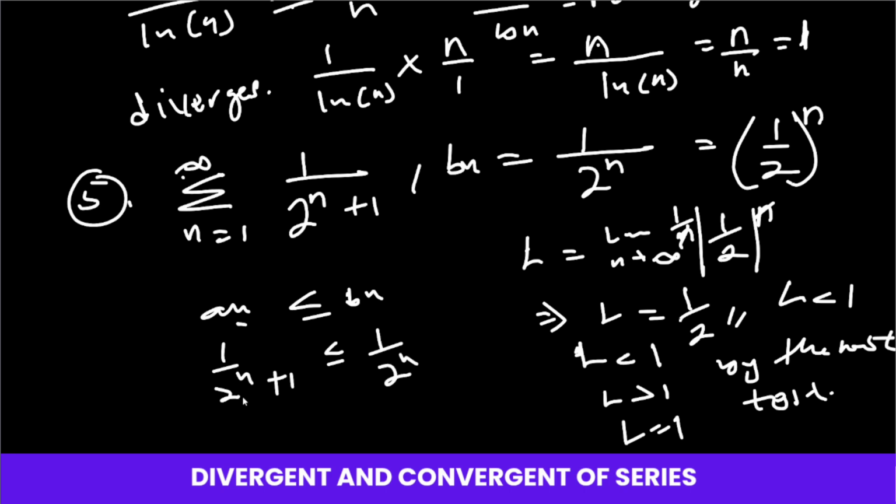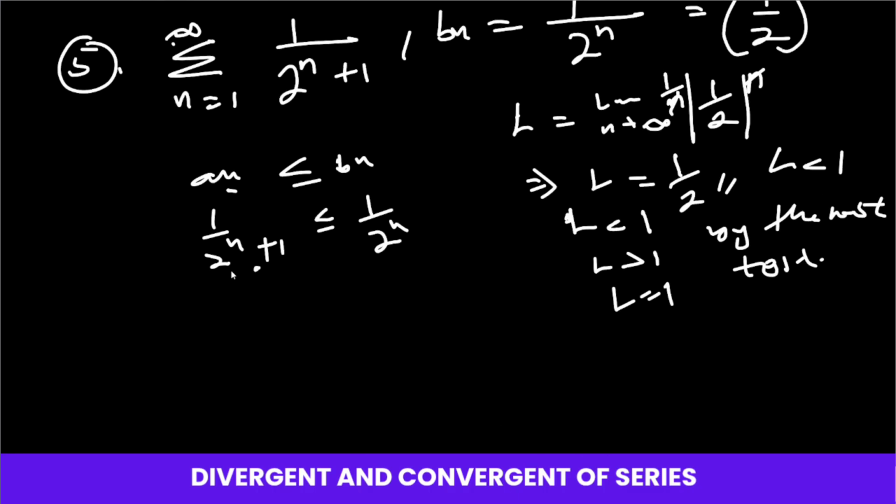You can see by simple expression that we have 2 exponent n at the denominator here, but we have added 1 to it, meaning that this one will keep on decreasing. If that is the case, then since an is less than or equal to bn, an converges. And that is the end of the road for us.